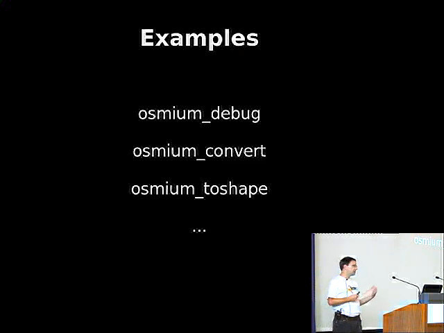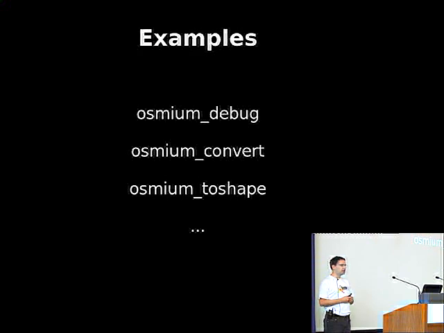There are a few example programs that come with Osmium that you can use to try out how it works, and then use as a model for your own software. Osmium debug basically calls this debug handler I was talking about earlier. So you call Osmium debug with an OpenStreetMap file and it gives you debug output about all the objects in there.